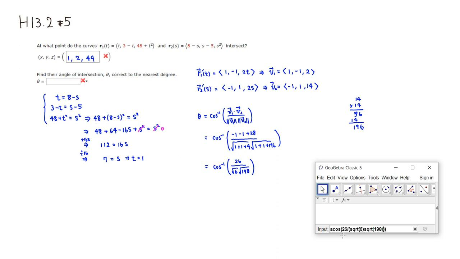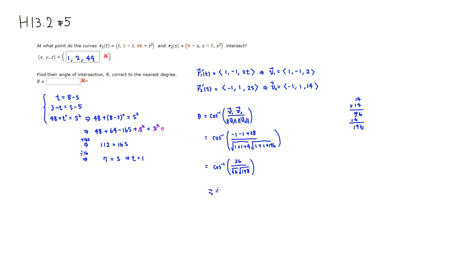Hopefully this is okay here. Then hit enter. It came out to be about 41 degrees.